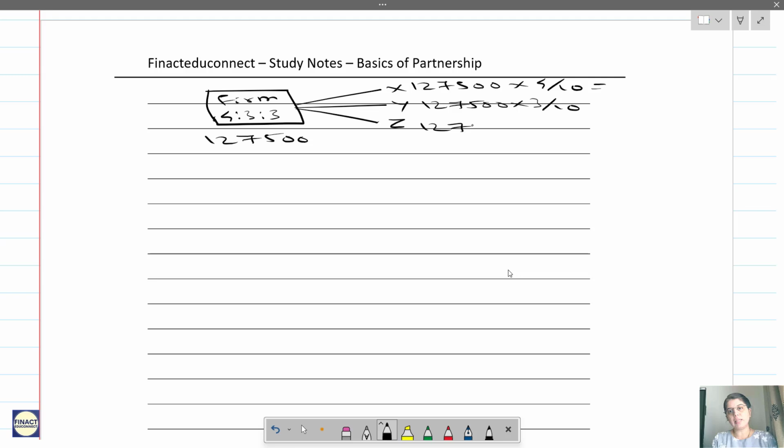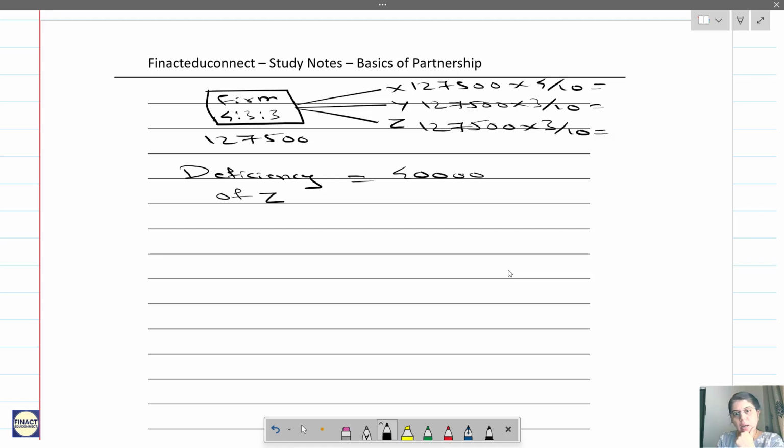Z will be 1,27,500 into 3 by 10. Calculate this and then calculate the deficiency of Z. So how much is the deficiency? Guaranteed profit is 40,000 minus actual profit. So calculate the deficiency.